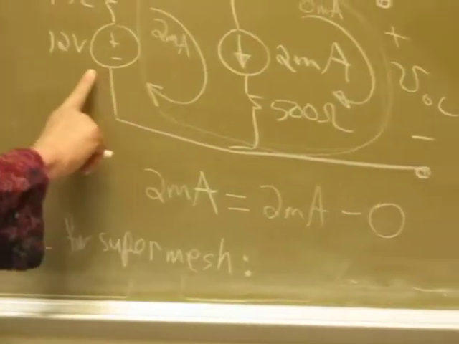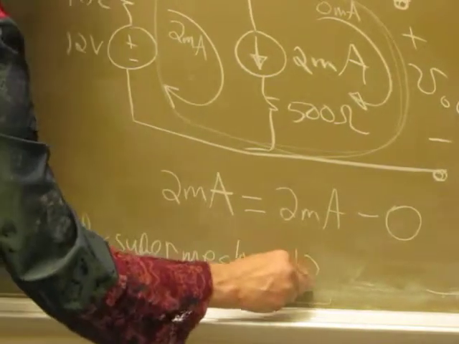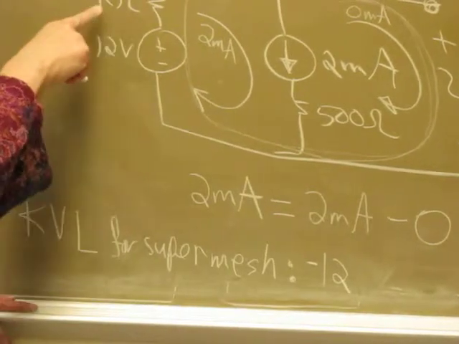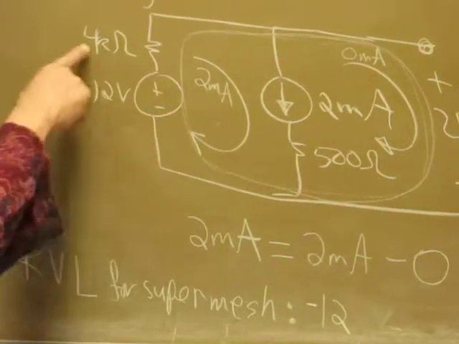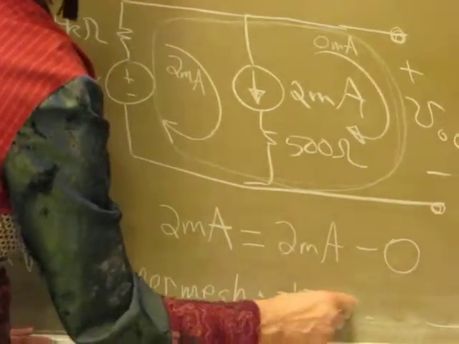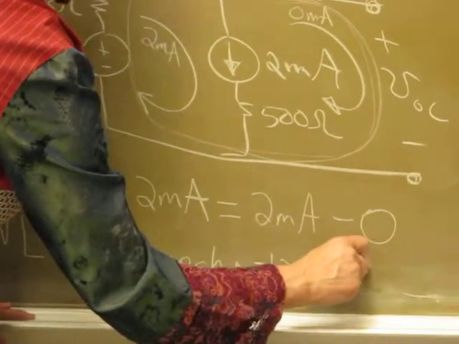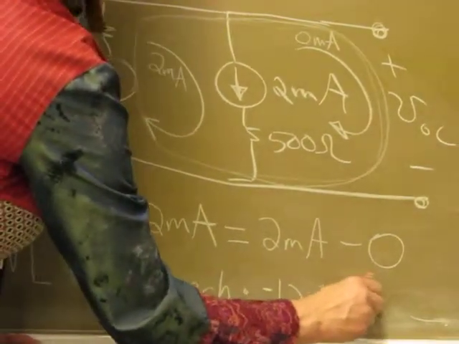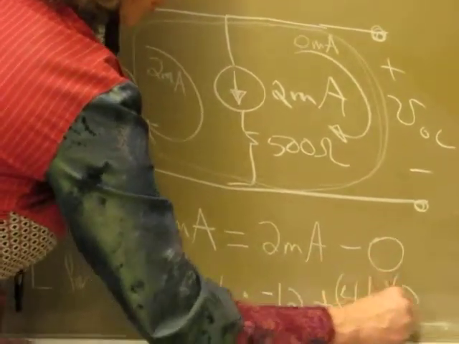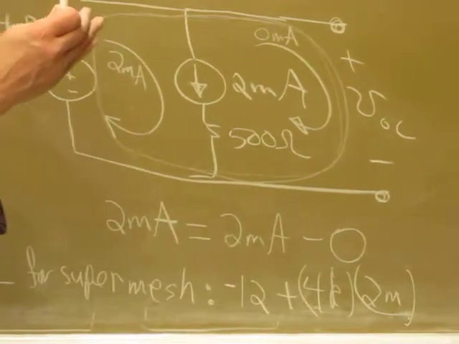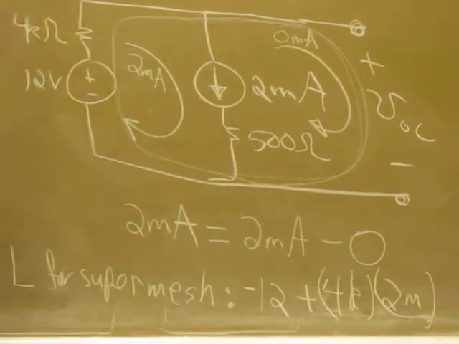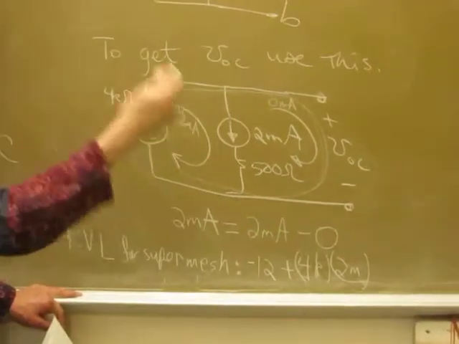So we've got minus 12 plus 4K times 2 milli, right? 4 kilo ohms times 2 milliamps. So plus 4K times 2 milliamps. Notice I'm keeping the metric prefixes, but I'm dropping off the units, because as long as your units are volts, ohms, amps, you're fine.